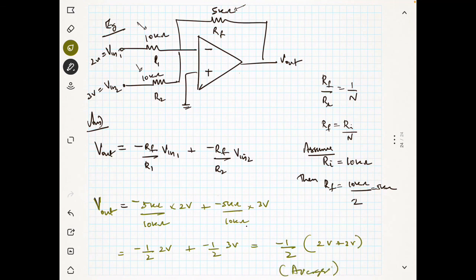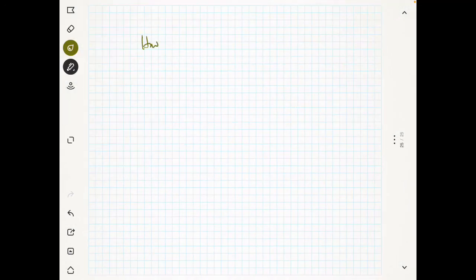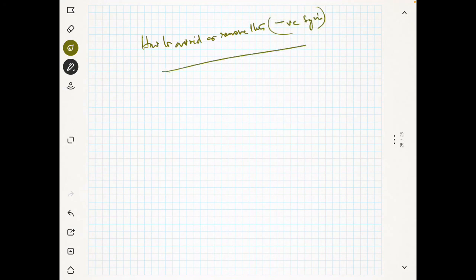You are getting a minus sign. You can avoid this minus sign. How to avoid or remove this negative sign? Do you have any answer? For example, you have an amplifier, minus plus, like this.